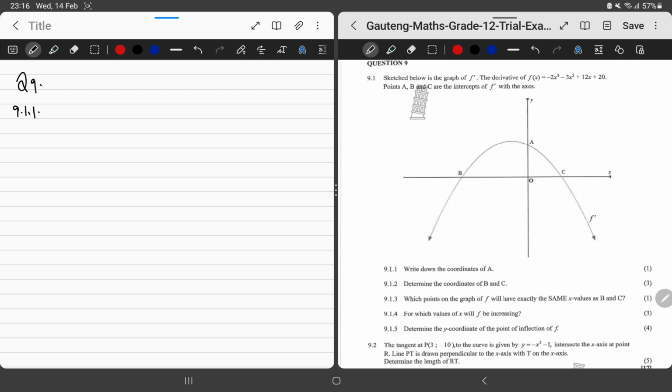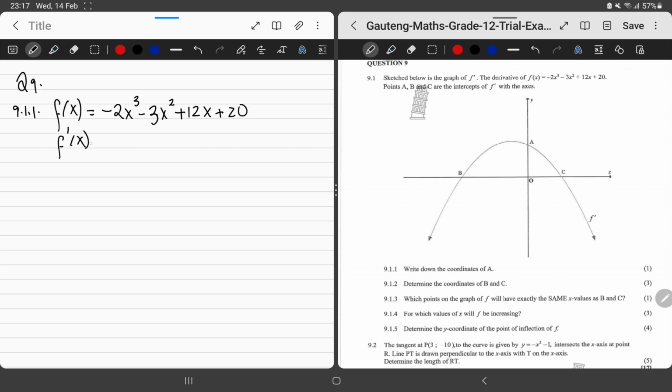9.1.1. Write down the coordinates of A. Okay, so A is the y-intercept of the derivative of f. So we need to find the derivative of f in order to find the coordinates of A. f(x) = -2x^3 - 3x^2 + 12x + 20.